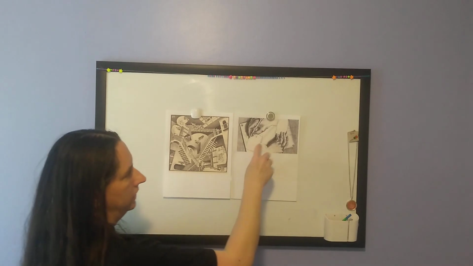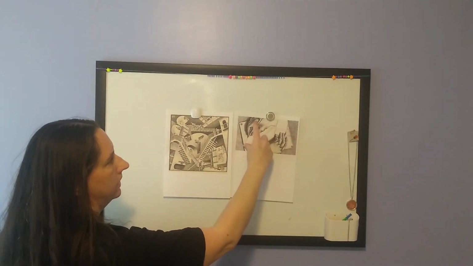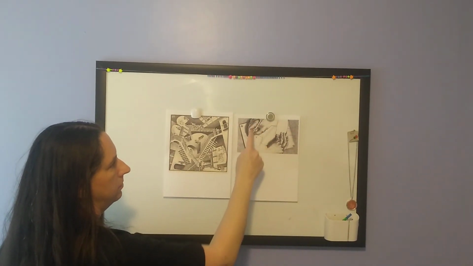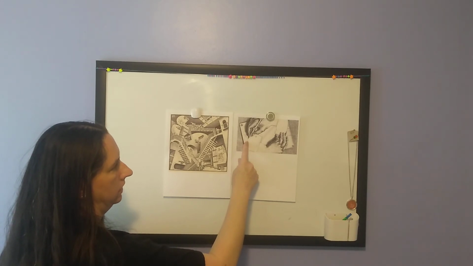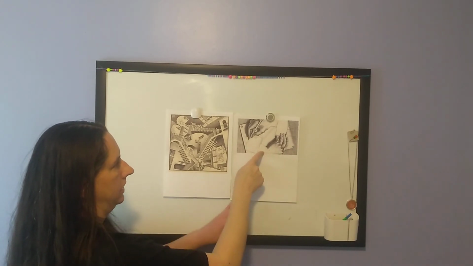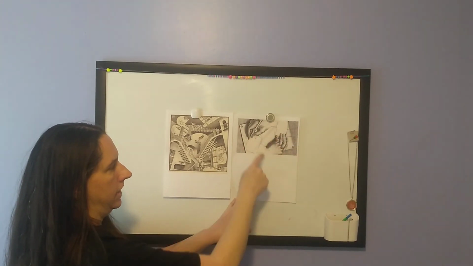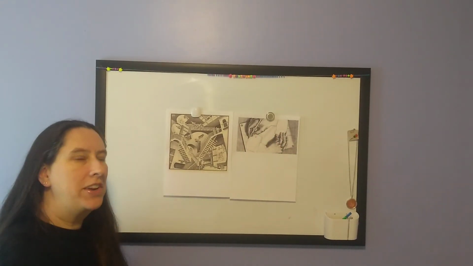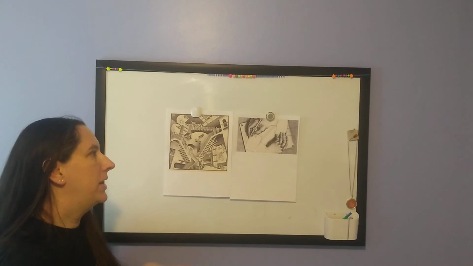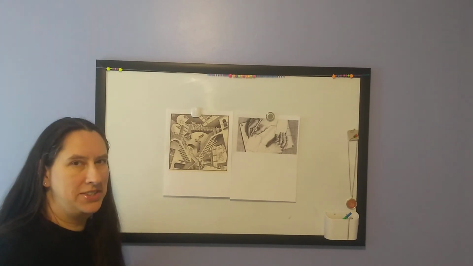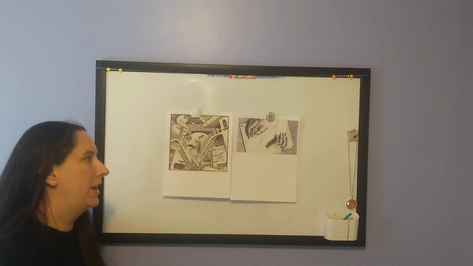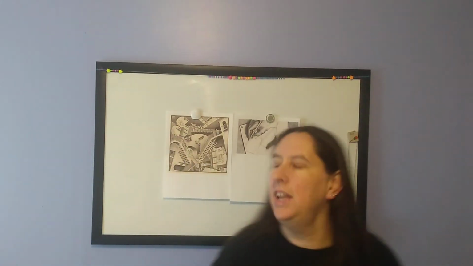And then another illusion that he has over here is that it looks like a picture of him drawing a hand, but the hand is actually drawing the hand. So he's a very good illusionist, and he has many works that you can look at. So this is why he's my favorite.